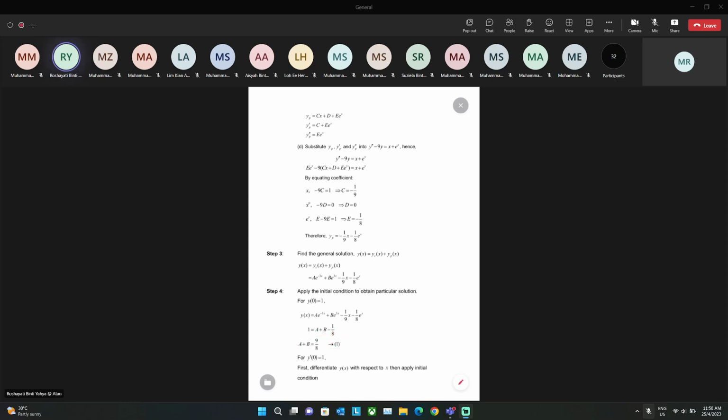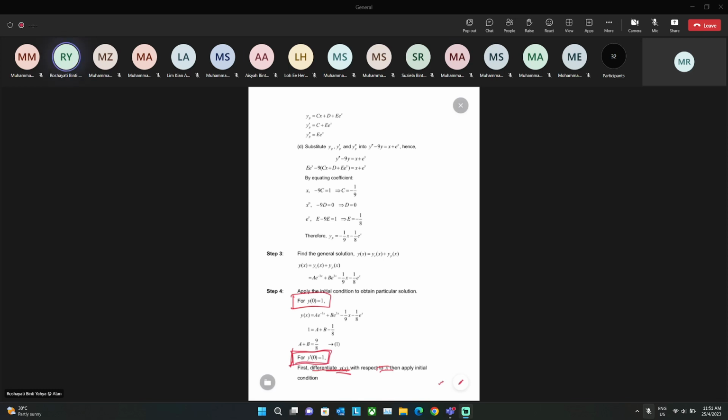So this one you have to solve by simultaneous equations. Then differentiate y(x) with respect to x, then apply the initial condition. That's why the initial condition gives two values.